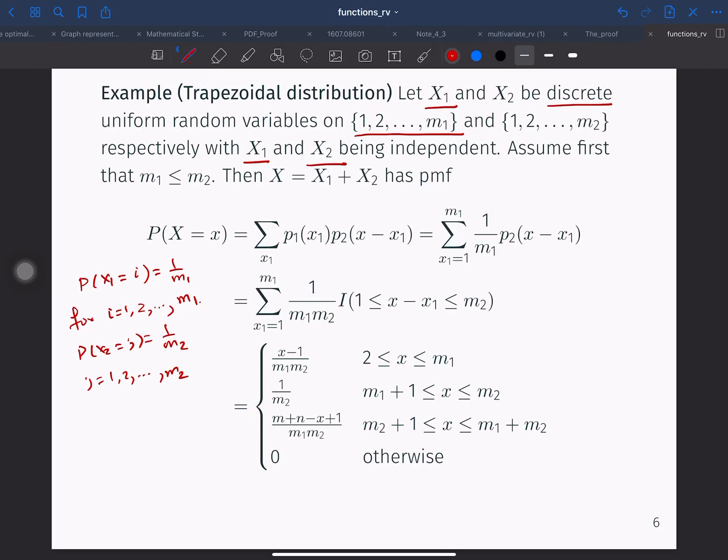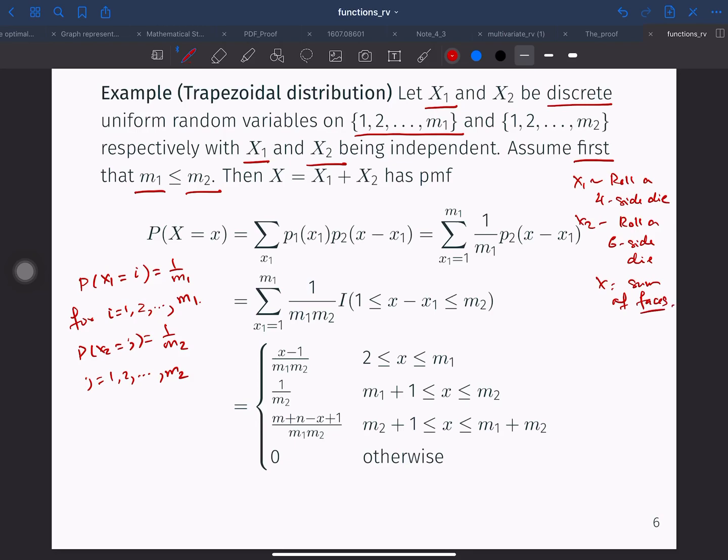First, assume for simplicity that m1 is less than m2. For example, x1 could be rolling a 4-sided die, and x2 rolling a 6-sided die, and I want to look at x as the sum of faces.